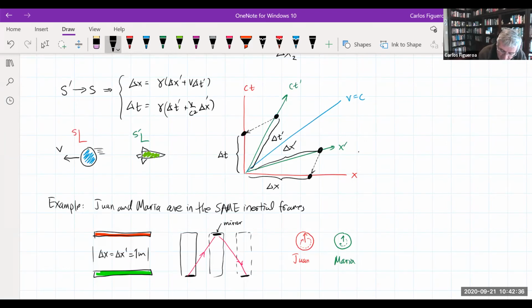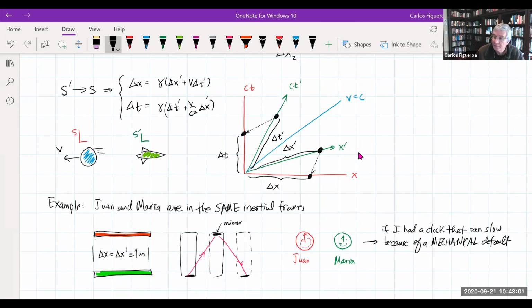Now, if I had a clock that ran slow because of a mechanical defect, what do I mean by that? This clock is running slow, so it would start here, come here, and then stop right there.